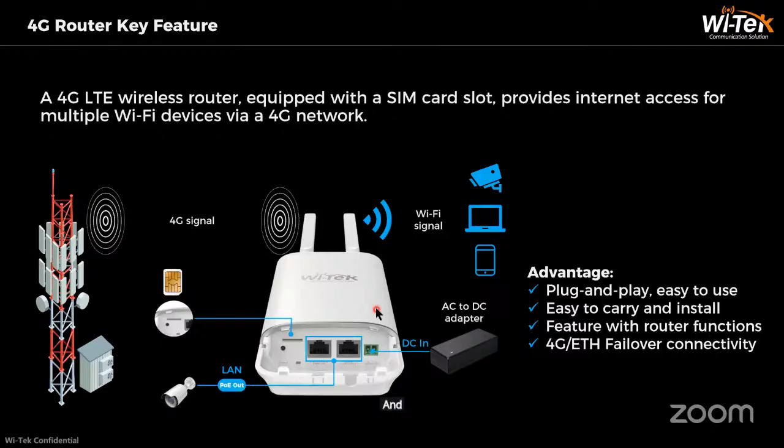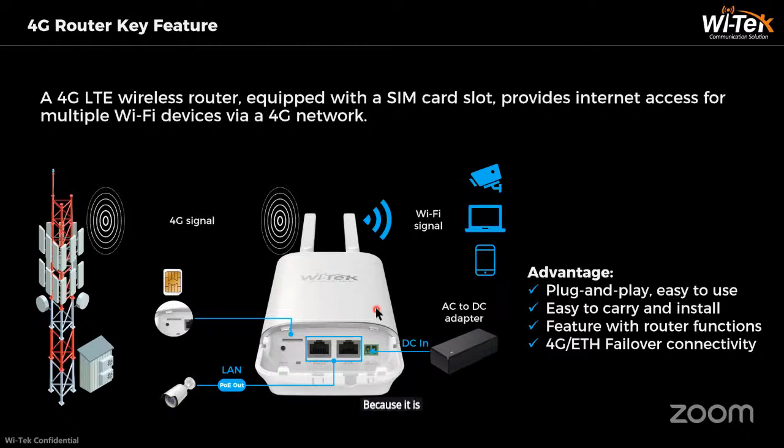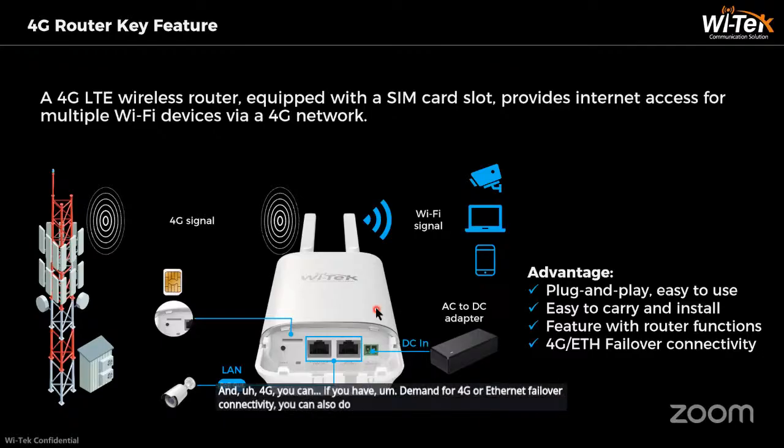And the benefit offers the plug and play, no need for actual operation or configuration for this device, and easy to carry and install because it is a small sized product and it features router functions and 4G. If you have demand for 4G or Ethernet failover connectivity, you can also do that on the Wi-Tek 4G LTE router.